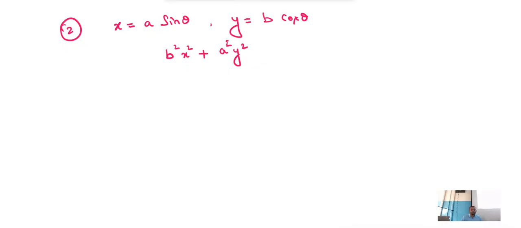Now which value are they asking us to find? b square into x square plus a square into y square.